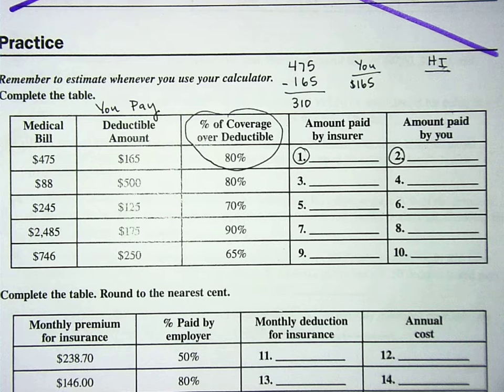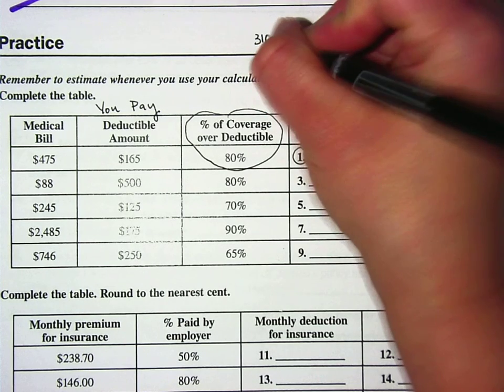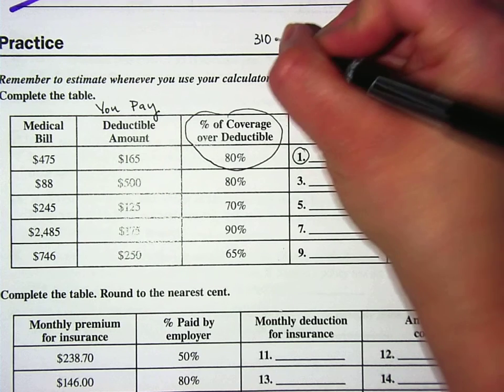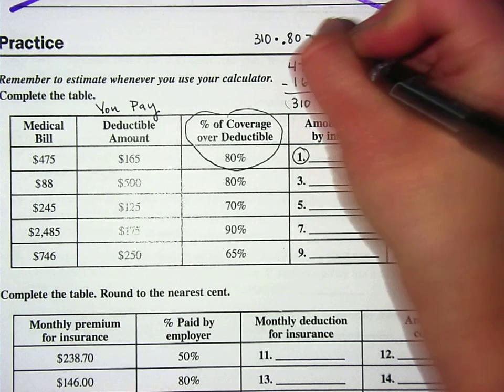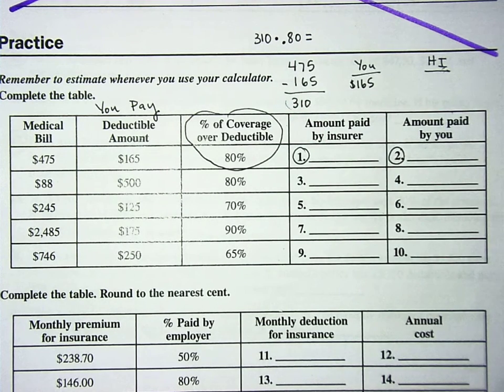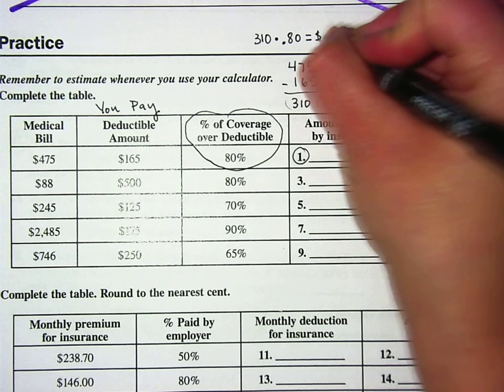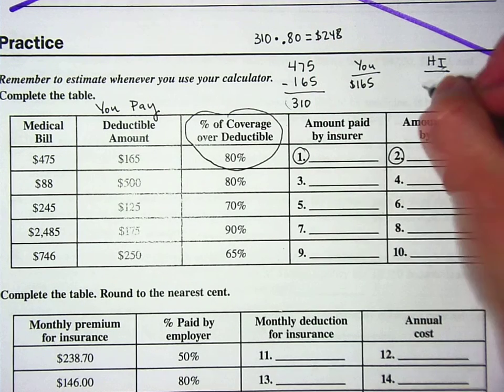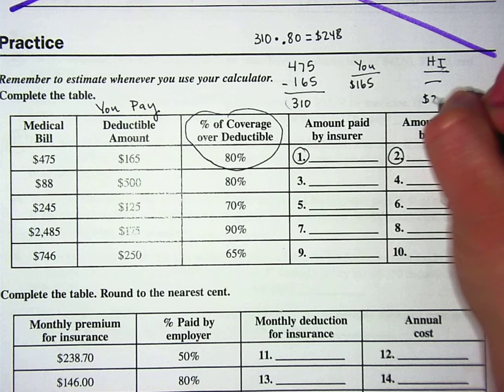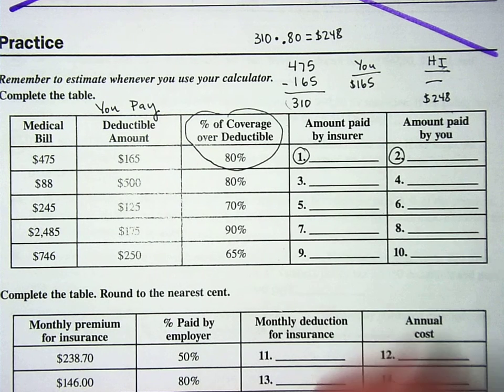So how do we find out how much they pay? They're paying 80%, yeah? Wouldn't you do 310 times 0.8? Exactly. So you take that leftover amount and multiply it by 80%. So $310 times 0.8 is $248. So they're going to pay $248 out of what's left. And then how much are you going to pay out of what's left?